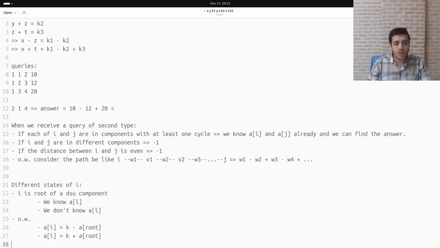The components where we know the root, and for sure we know all the elements in it, and the components where we don't know A_i and we don't know the elements themselves, but we know the relation between the nodes inside the component and the value at the root.